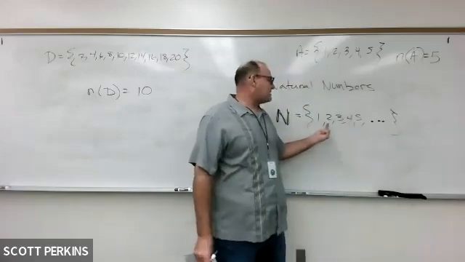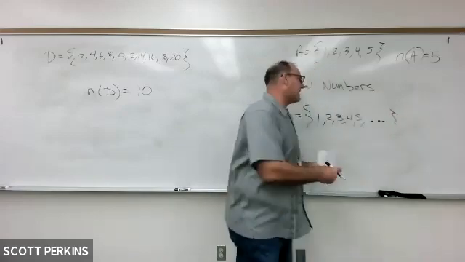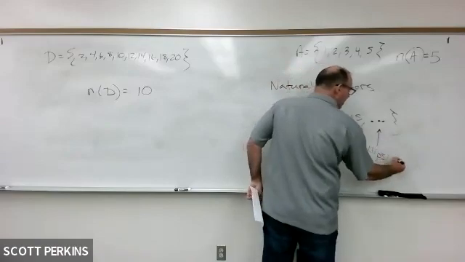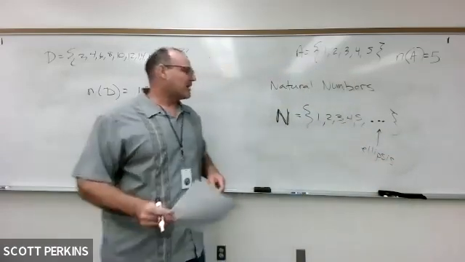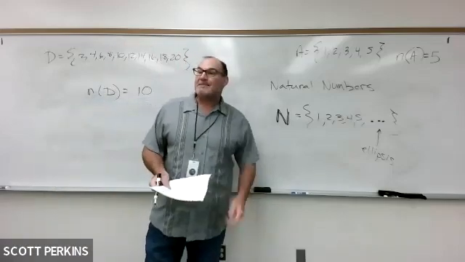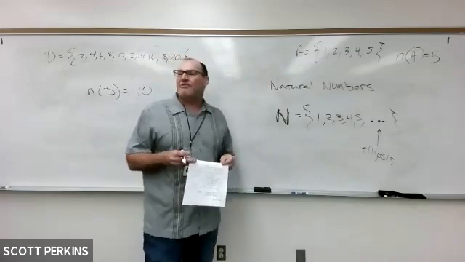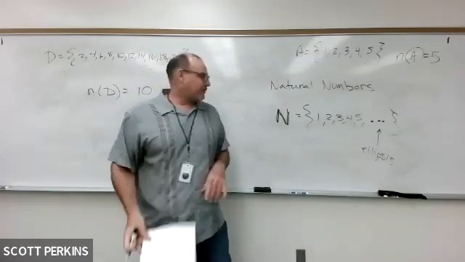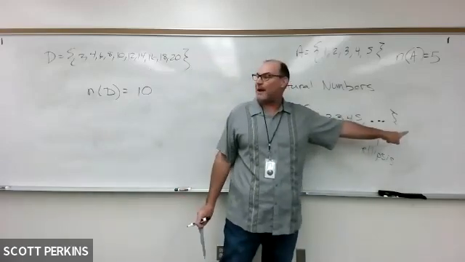So instead of writing down 6, 7, 8, 9, 10, 11, 12, 13, and on and on, I write this, and these 3 dots are called an ellipsis, in case you didn't know that had a name. That's from English class. So the ellipsis just means keep following this pattern. So the number 35 would be a natural number because it would occur as part of this pattern.